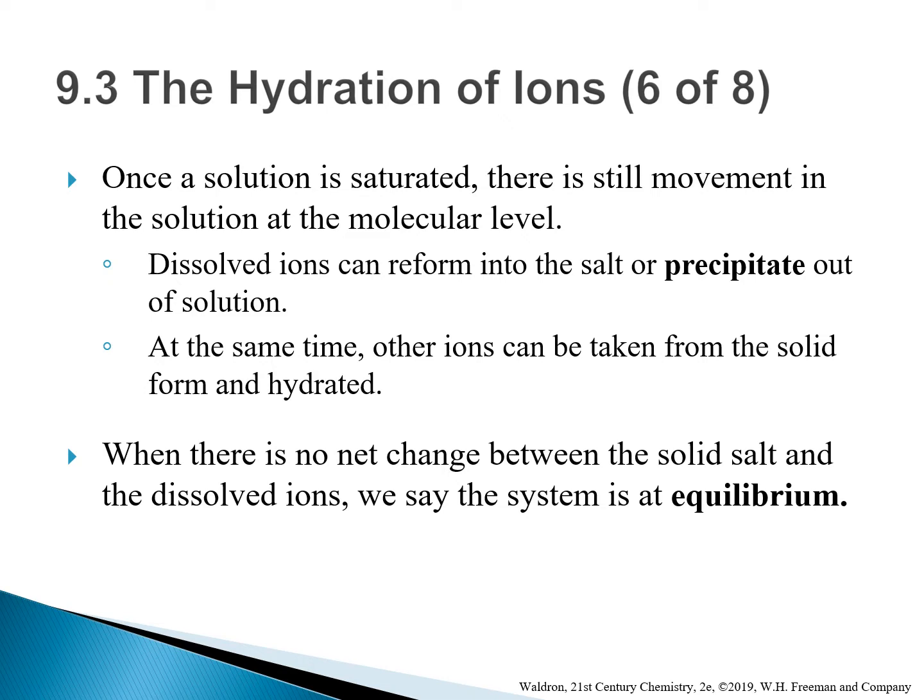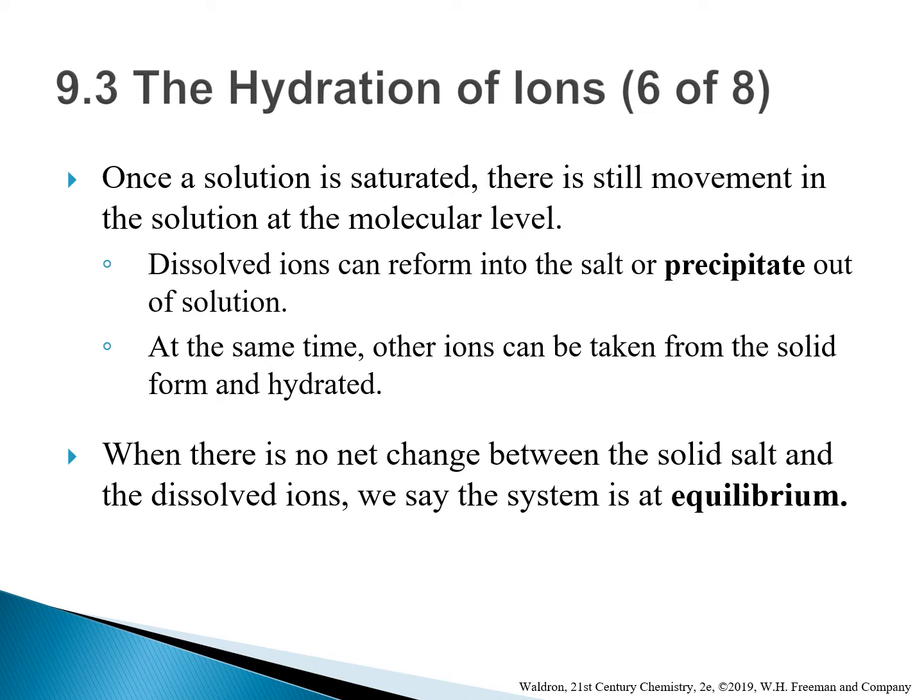Whenever a hydrated ion bumps into the solid sodium chloride crystal, the ion can shed its hydrating water molecules and return to the crystalline lattice. We refer to this return to the solid state as precipitation, a term that describes things that are falling, such as rain.